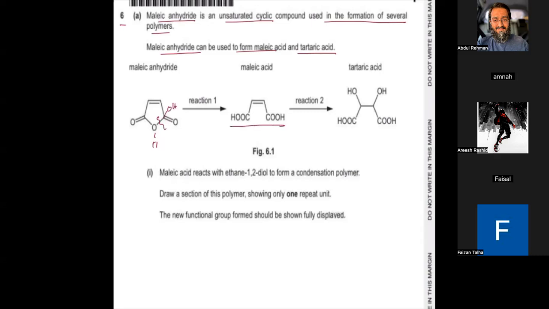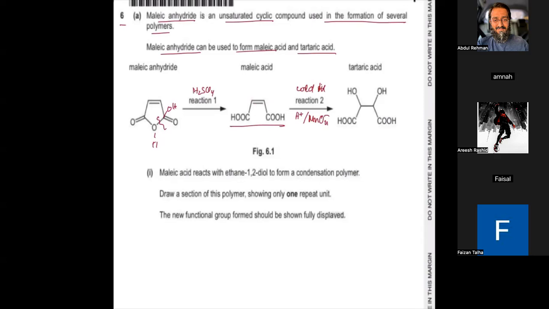So as a result, you will get this. Now, the alkene is turning into a diol. So over here, cold, dilute, acidified manganate has been used, and over here, heated with sulfuric acid or hydrochloric acid.